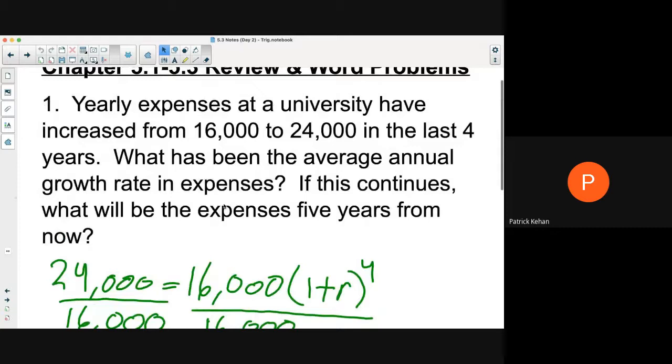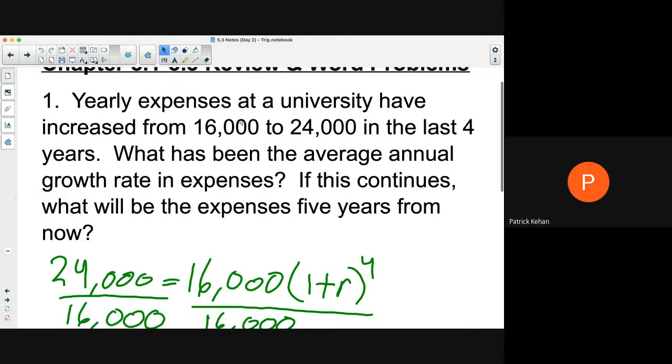But someone could also interpret this as right now is 24,000 times 0, and this 16,000 would have been 4 years earlier. So you can work with 24,000 as your a sub 0 value as long as your t equals 0 value corresponds to 24,000 and not 16,000 as it did down here.